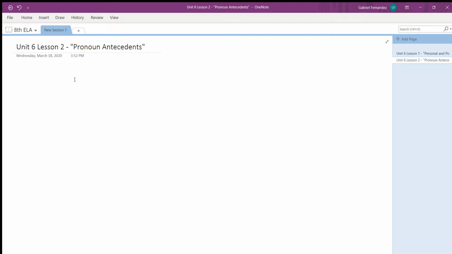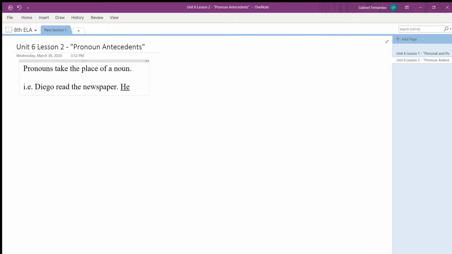So what we already just said in lesson 1, pronouns take the place of a noun. Okay. One more example, just to have fun. Diego read the newspaper.